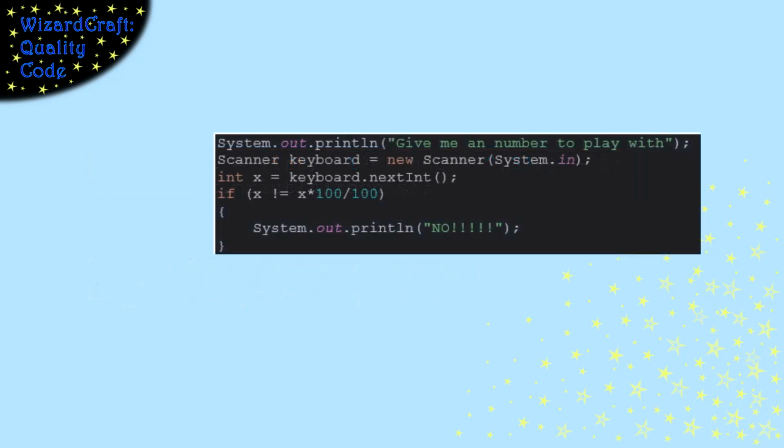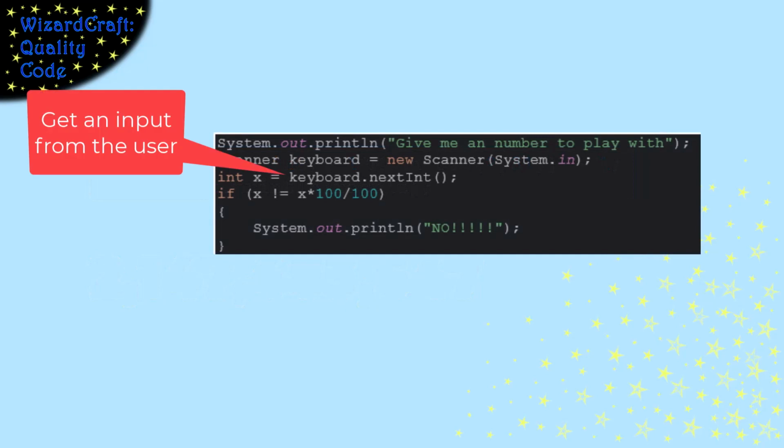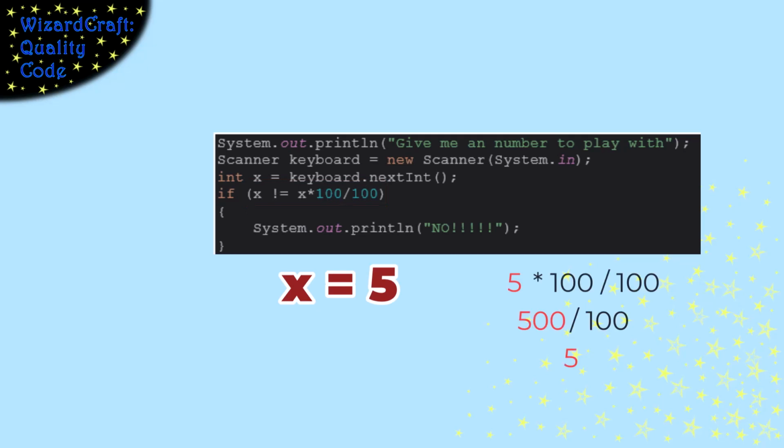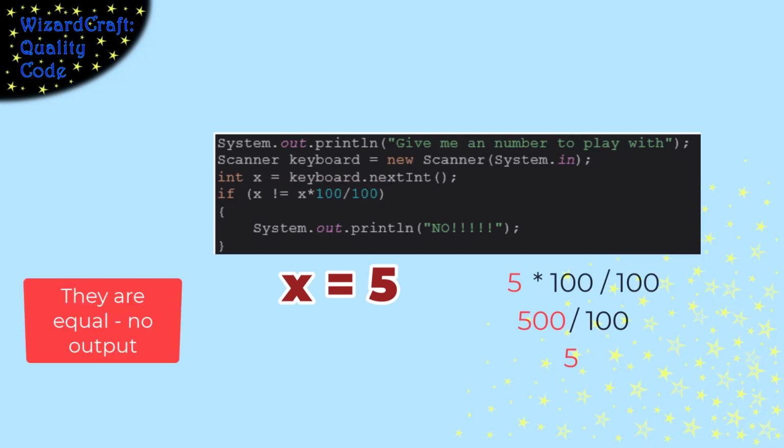You have to worry about this kind of error in intermediate results too. Look at this code. You think it could ever output no? It looks like that multiply by 100, then divide by 100 should undo each other and leave us back at x. If I give it a 5, there's no output. That's what we would expect to happen.